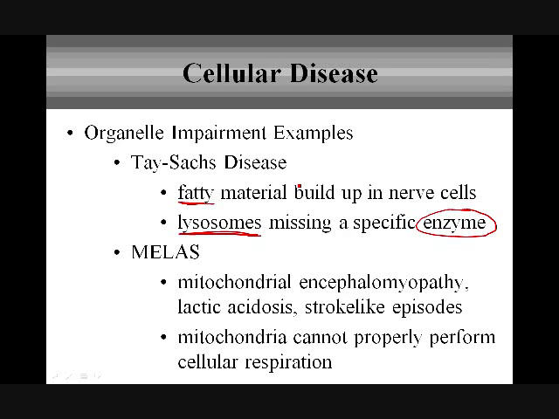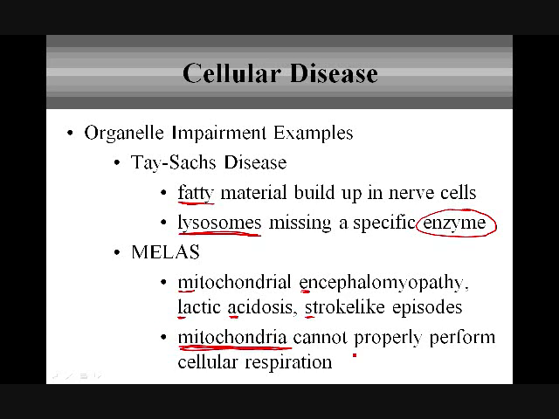MELAS, M-E-L-A-S, is going to be another disorder: mitochondrial encephalomyopathy, lactic acidosis, stroke-like episodes, kind of a mouthful there. In MELAS, what's actually happening is that you have a mitochondrial malfunction.